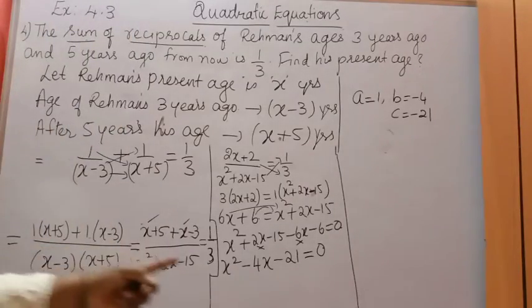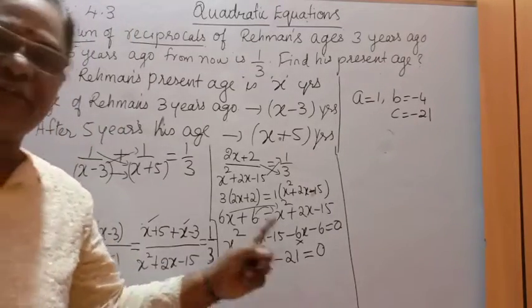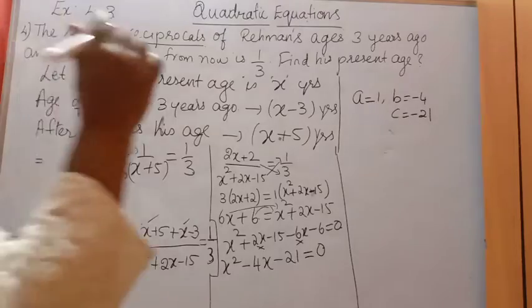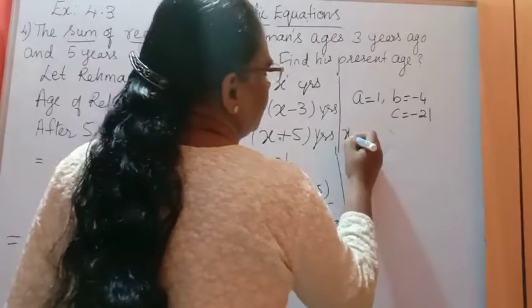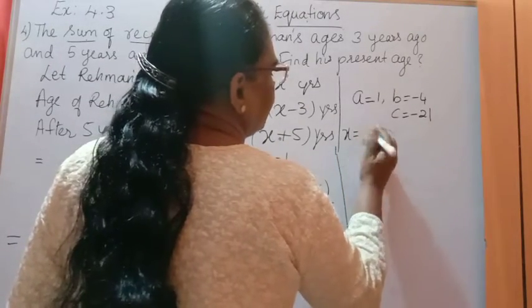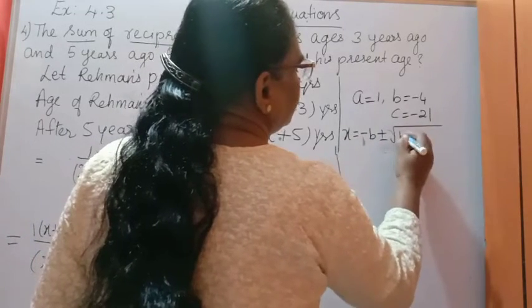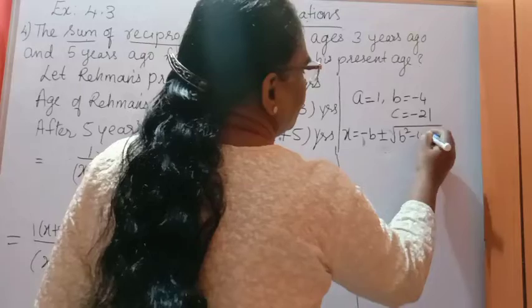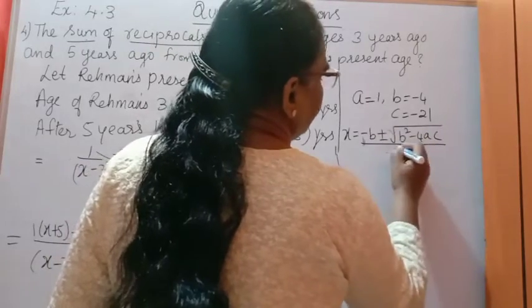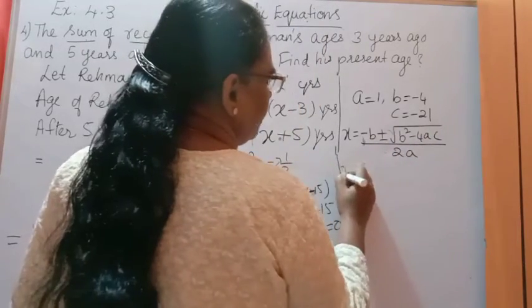A value is 1, B value is -4, C value is -21. Put the formula: x is equal to minus B plus or minus root of B square minus 4AC, divided by 2A. Now substitute the values.